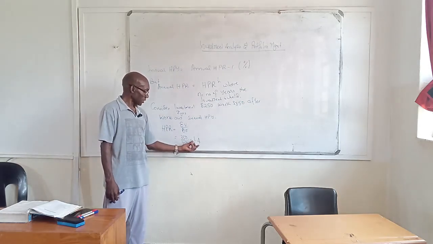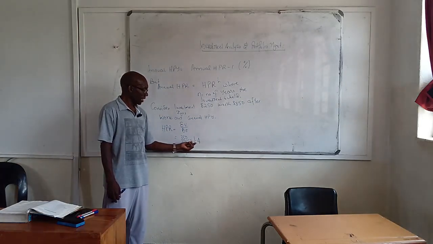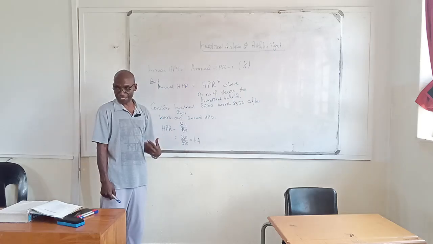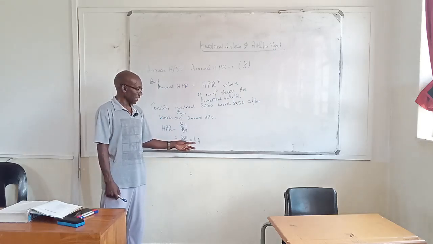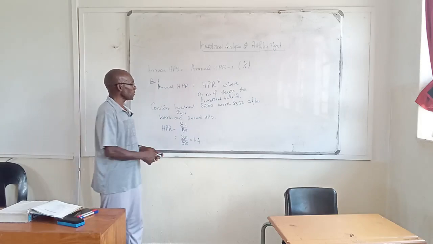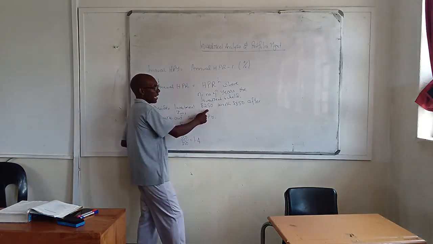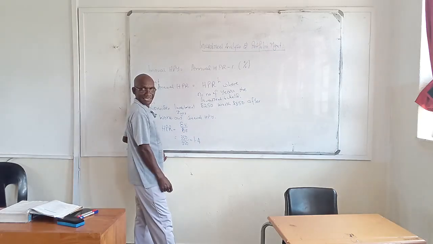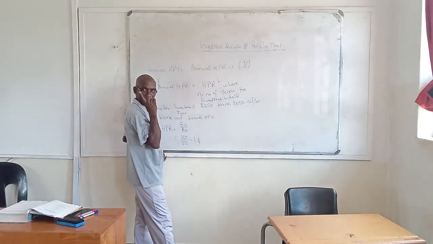It is more than 1, which is why there was a return, a profit. If you invested 250 and you got 250 again, you would discover that the HPR will be 1.